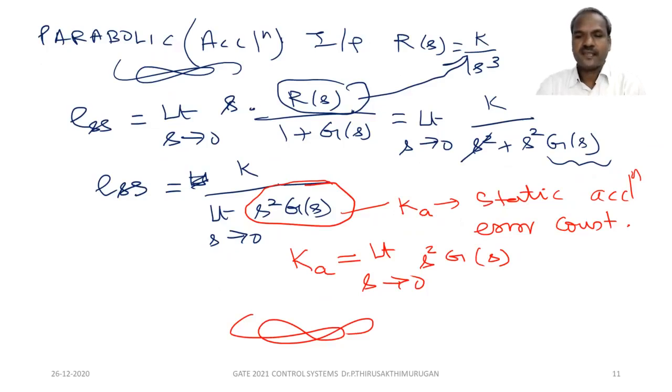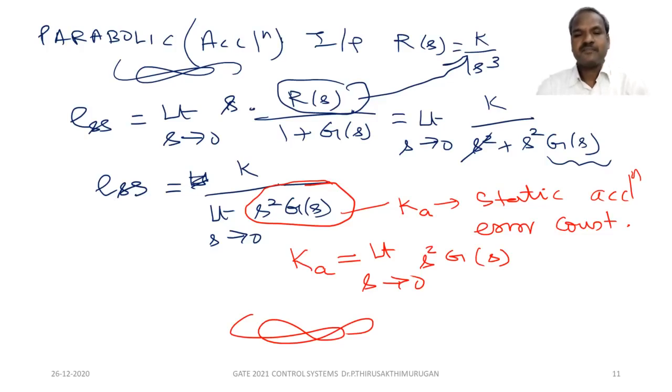Instead of R(s), we apply k/s^3 here, so s is cancelled and we get k/(s^2+s^2G(s)). So ESS is equal to k divided by limit s tends to 0 of s^2G(s). We replace this limit with Ka, the static acceleration error constant. Ka equal to limit s tends to 0 of s^2G(s).